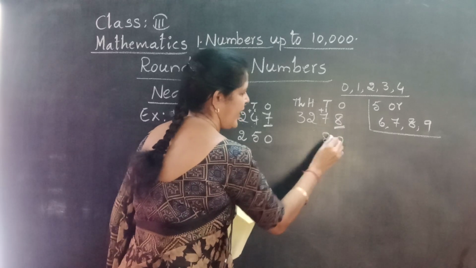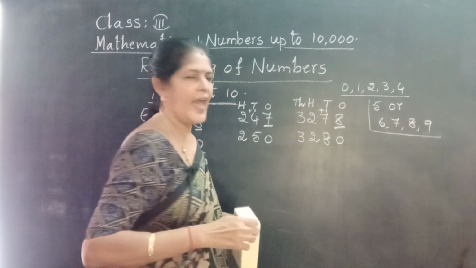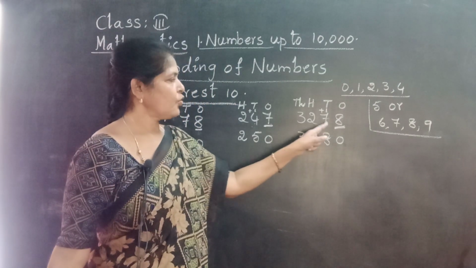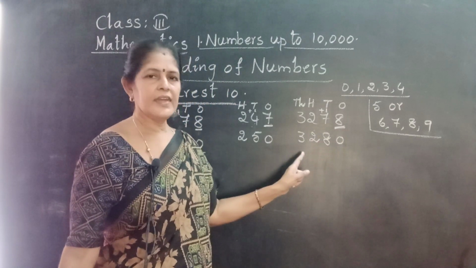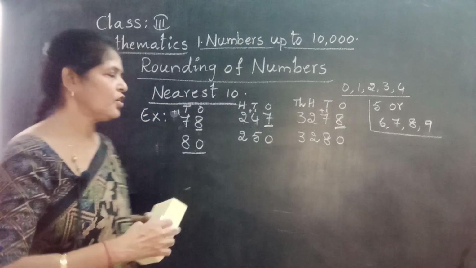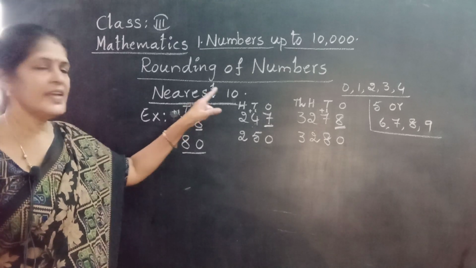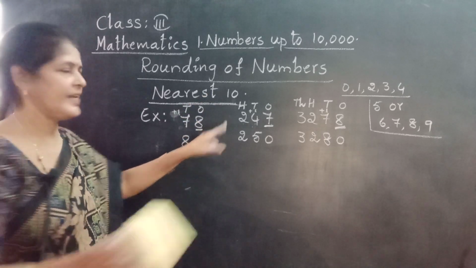Write the hundreds place as it is. Write the thousands place as it is. 3278 is nearest to 3280. This is rounding of numbers to the nearest tens.